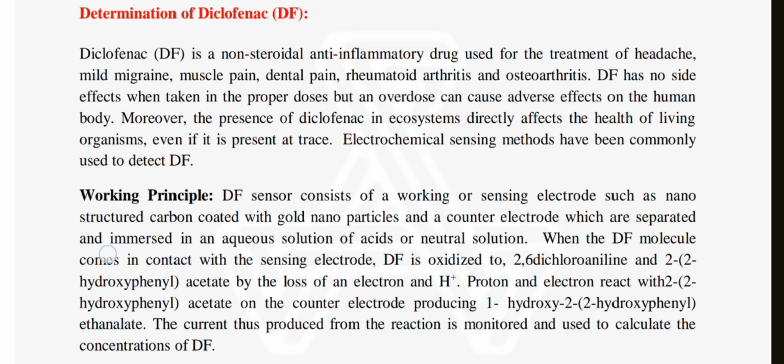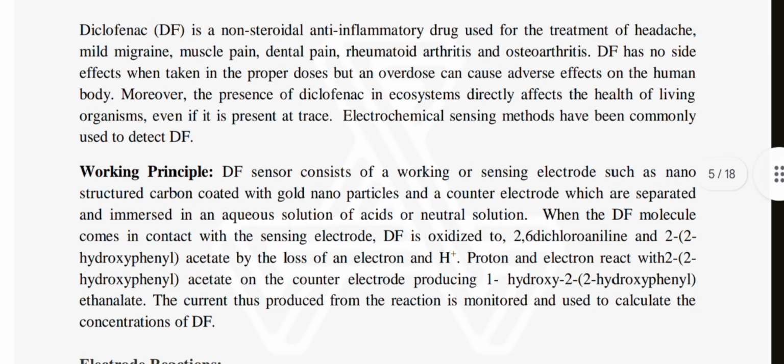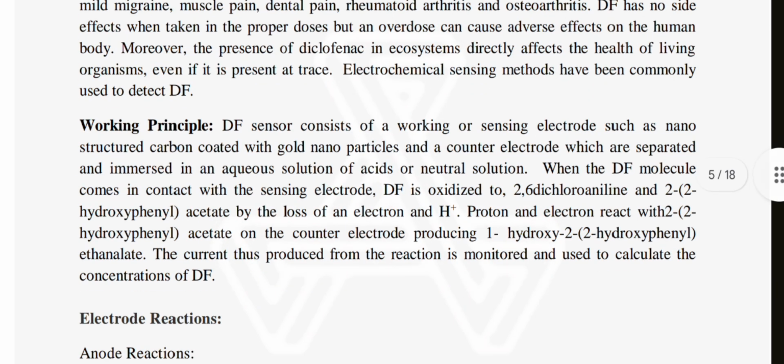Diclofenac has no side effects when taken in the proper doses, but an overdose can cause adverse effects on the human body. Moreover, the presence of diclofenac in ecosystems directly affects the health of living organisms, even if it is present in trace amounts. Electrochemical sensing methods have been commonly used to detect DF.